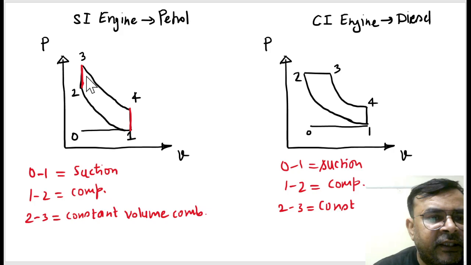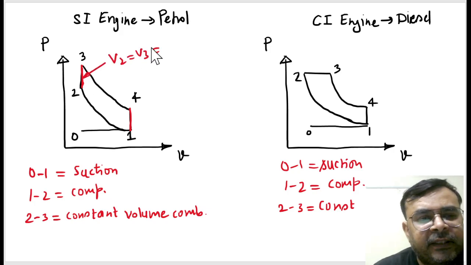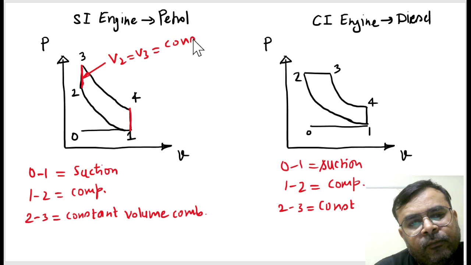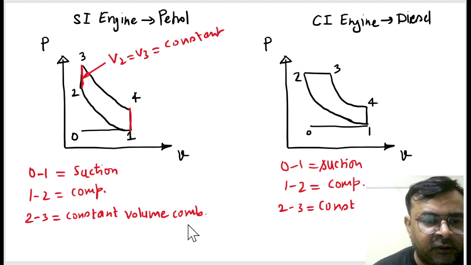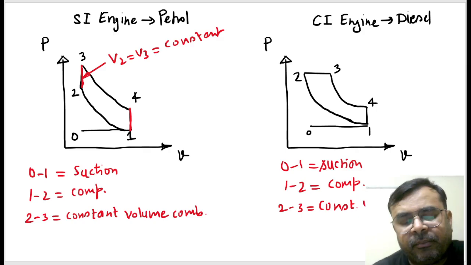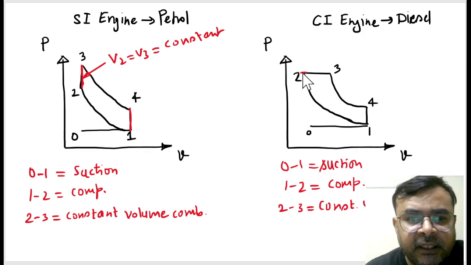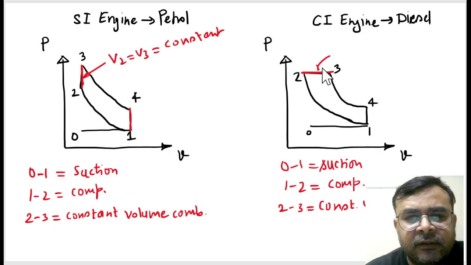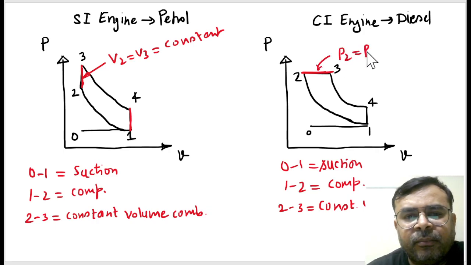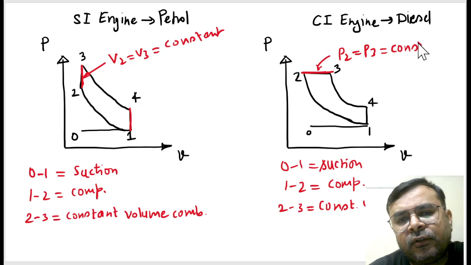So here volume V2 is V3, both are the same, and this is constant. That's why this is called constant volume combustion. And this is constant pressure combustion. Here the pressure remains the same. This is a horizontal line. Here we have P2 equal to P3, and this is constant.